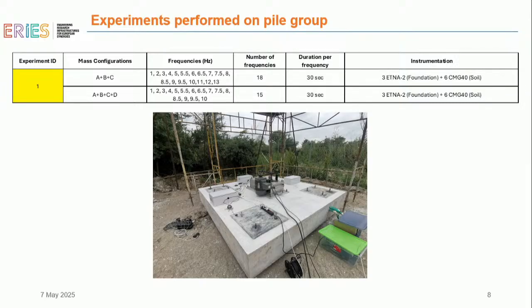You can see here in these tables the mass configuration. There is an equation that gives the force based on the eccentricity of the mass shaker, and these are the different masses. So typically, if we use 4 masses, we have more rotating masses, and we create higher forces. This is the frequency range. In the first experiment, we tested 18 frequencies. In the second experiment, 15 frequencies, etc.